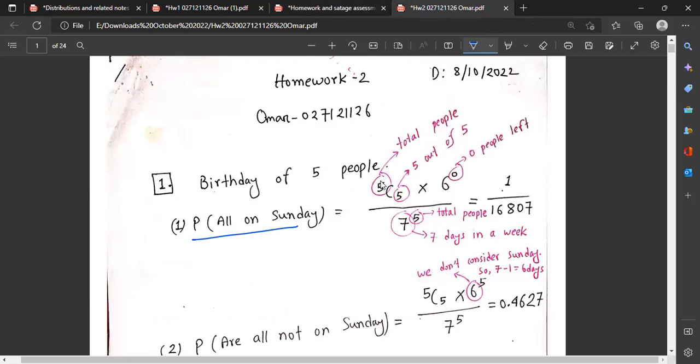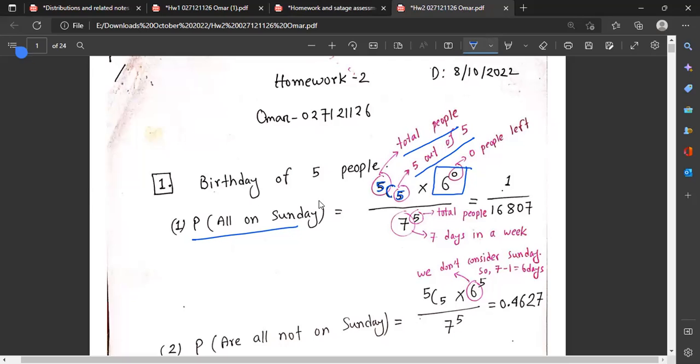So you see, we have 5 people in total, and here is a combination, right? We are considering 5 of them. So total we have 5 people, and we are considering 5 out of 5. And then we have no people left, right? As we are considering all of them, we have no person left. Why is it 6?